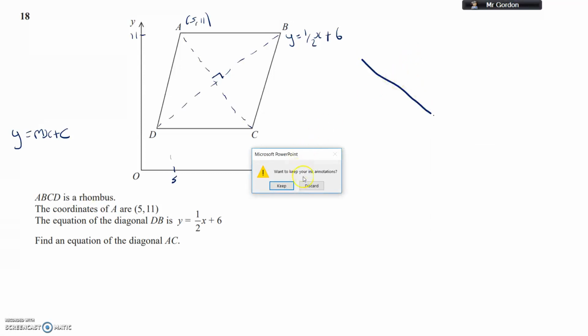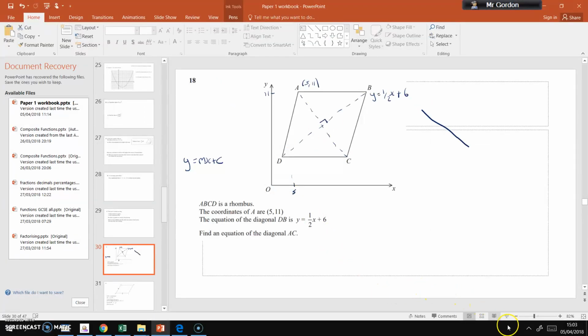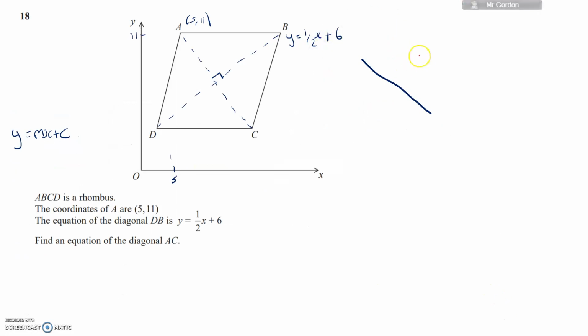If they cross each other perpendicular, at 90 degrees, there's a relationship between the gradients. The gradients are the negative reciprocal of each other. So if this red line, let's call it R1, has a gradient m of a half, which it does on our diagram, then the blue line will have a gradient of the reciprocal, which means turn it upside down.